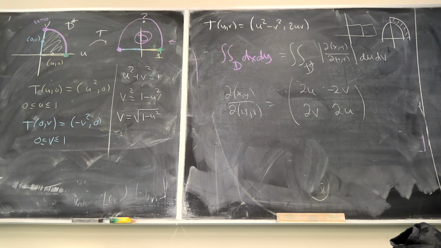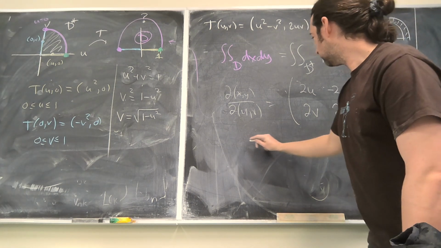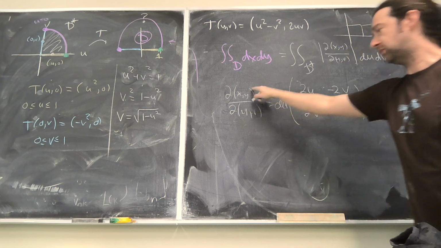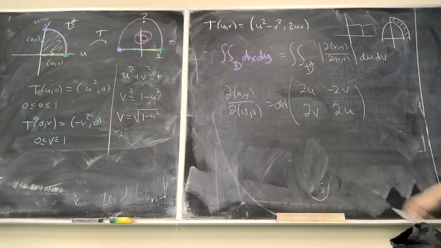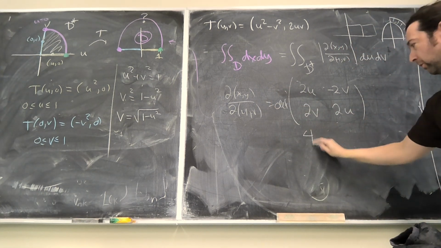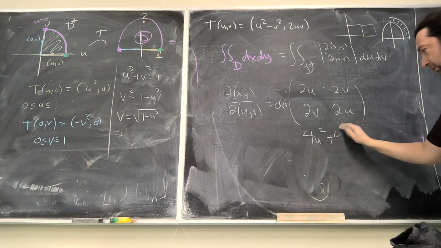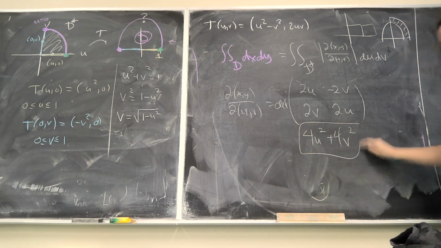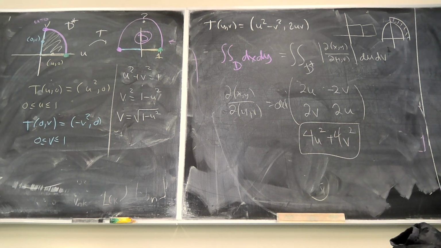The determinant of that, and that symbol means determinant, not the Jacobian matrix, is 4u squared plus 4v squared. That's always positive, so we can throw the absolute values away.